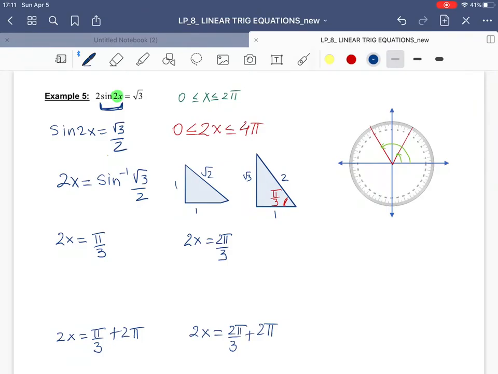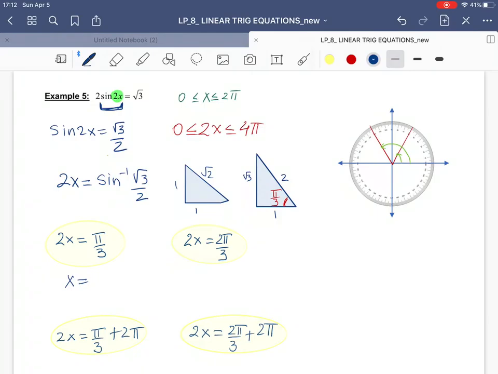So we have formed quite a few equations now: 2, 3, and 4 equations. So hopefully we're going to find 4 solutions. I'm going to start solving.